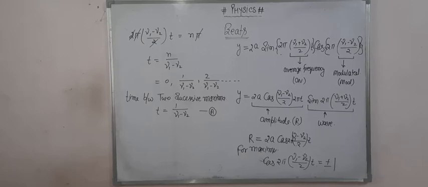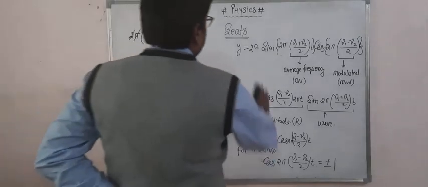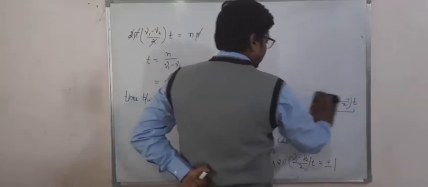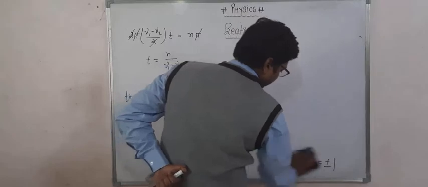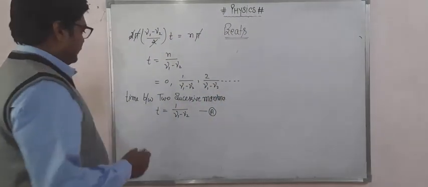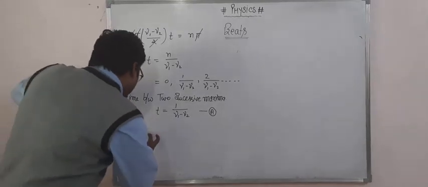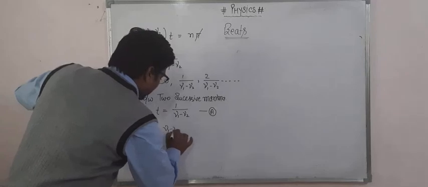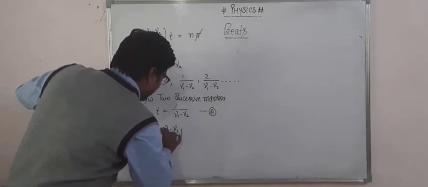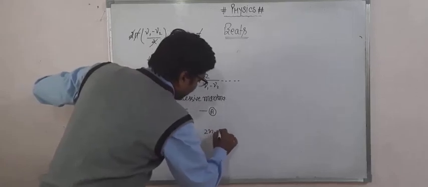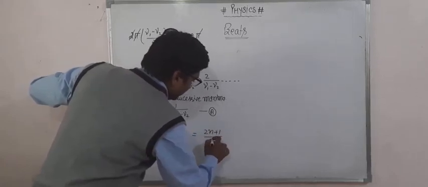So let me calculate. For minimum value, cos 2 pi (nu1 minus nu2)/2 into t is 0.